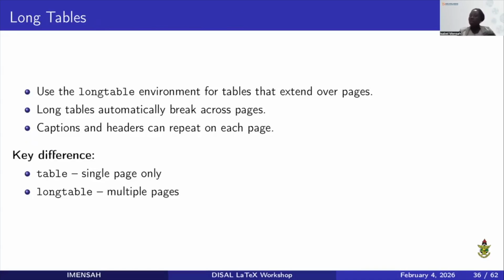The longtable environment extends over the pages automatically, so it just breaks across the pages. The headers and the captions repeat on each of the pages so that we are able to follow. So let's say you have one thing, it's so long, so you put it in the longtable environment.